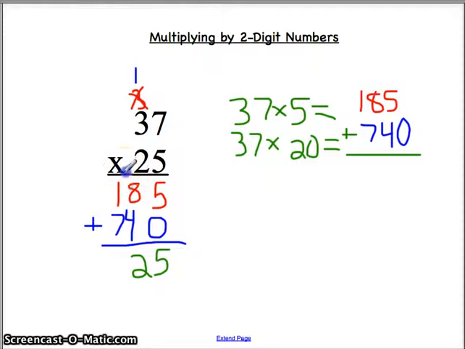Bring my 1 to the top. 1 plus 1 is 2, plus 7 more is 9. So our total for the problem is 925.